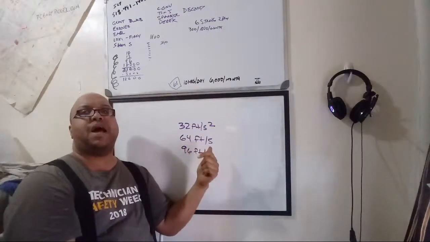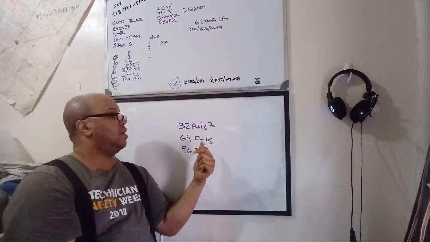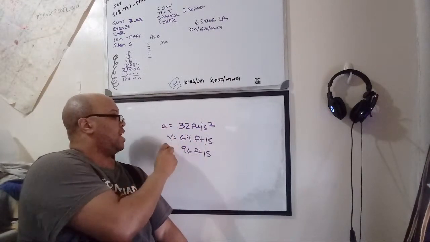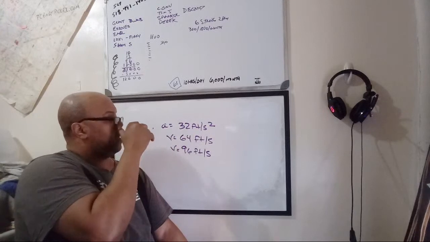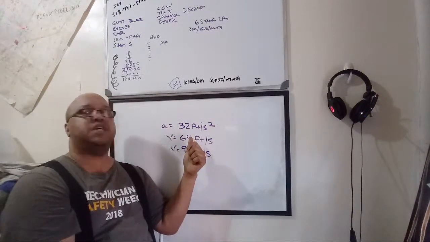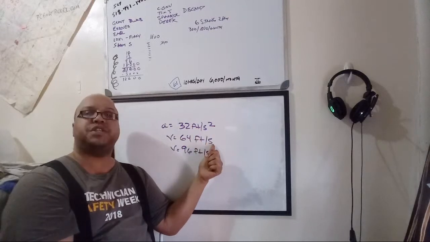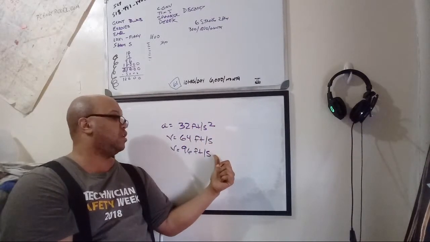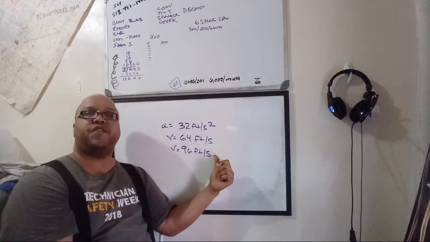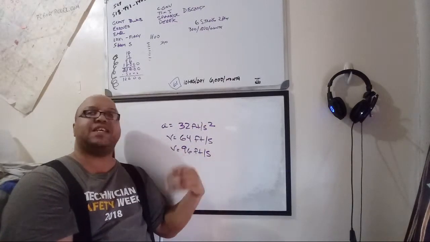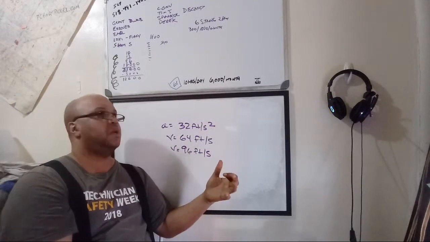So it is the pace of change of speed. When we talk about acceleration, these are velocities. The velocity of the falling object would be 32 feet per second after 1 second, 64 feet per second after 2 seconds, and 96 feet per second after the third second. So it is very important that we understand the acceleration of gravity.